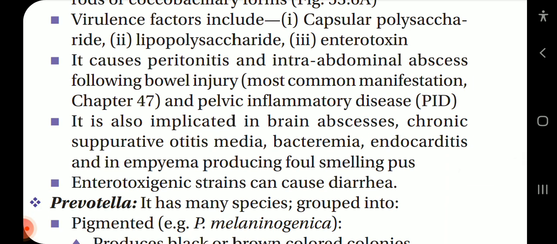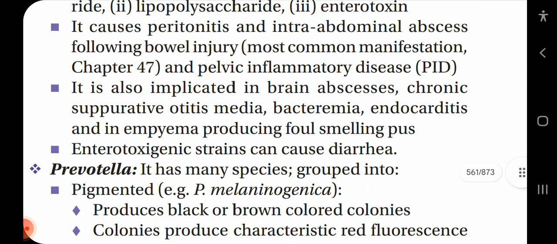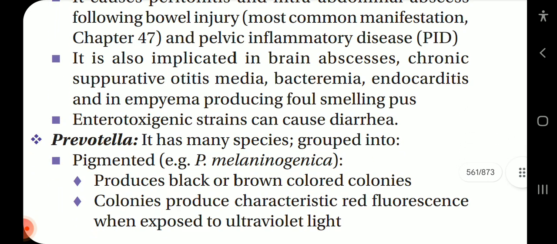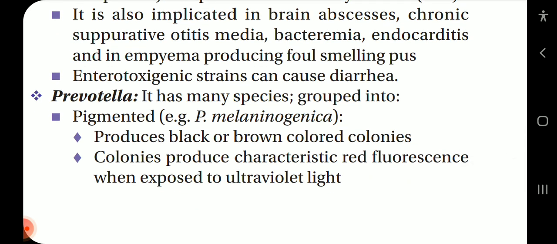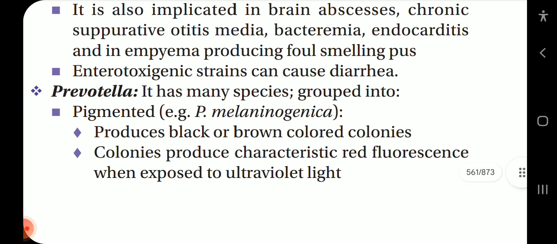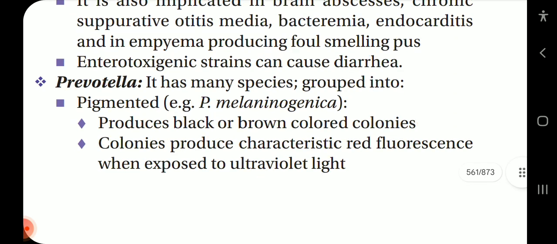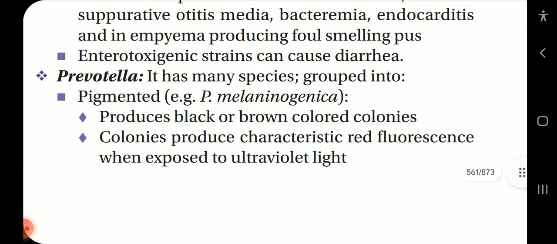It causes peritonitis and intra-abdominal abscess following bowel injury, the most common manifestation, and pelvic inflammatory disease, PID. It is also implicated in brain abscesses, chronic suppurative otitis media, bacteremia, endocarditis, and empyema, producing foul smelling pus. Enterotoxigenic strains can cause diarrhea.